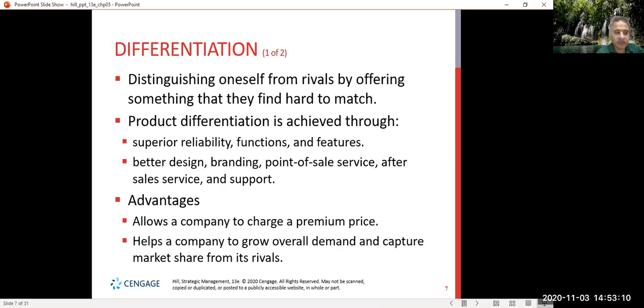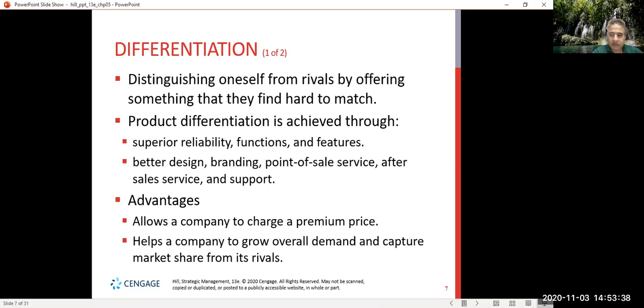Second is differentiation, and differentiation implies distinguishing oneself from rivals by offering something that they find hard to match. A product can be differentiated by superior reliability, functions, features, better design, branding, point of sale service, after sale service, and support. What could be an example of differentiation?